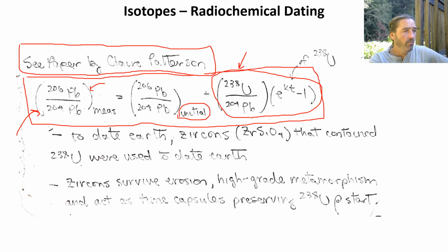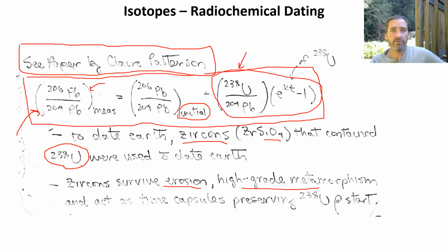So what Claire also used was zircons. Now these zircons, they have oxide minerals and they contain uranium-238. And so these zircons are like little time capsules because they've survived erosion, they've survived high pressures and temperatures.